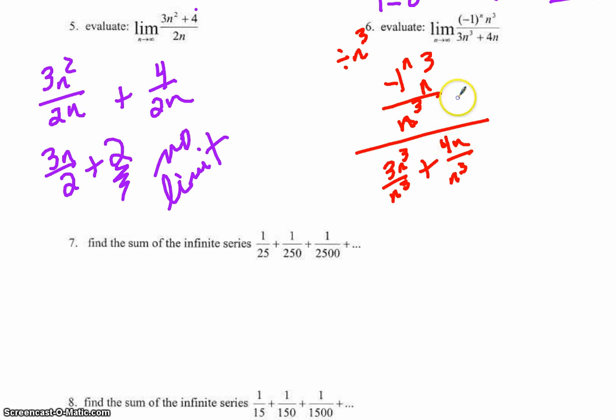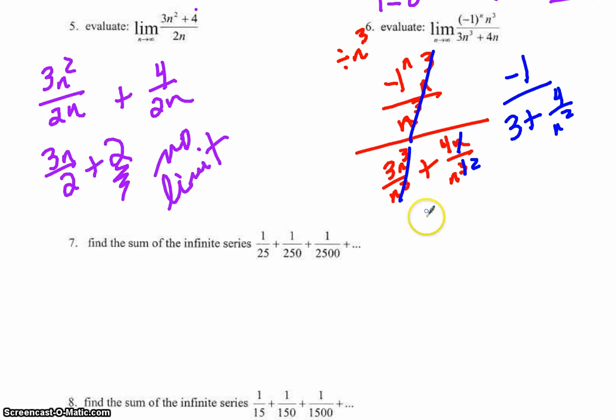This is going to cancel and give you -1 over, this is going to cancel and give you 3 plus, and this is going to cancel and give you 4 over n squared. You're going to see that depending on your exponent, whether it's even or odd, different things could happen. And I forgot to put the n right here because it was -1 to the n.